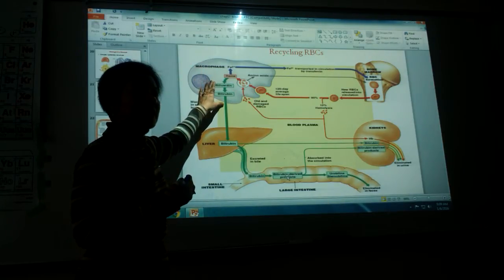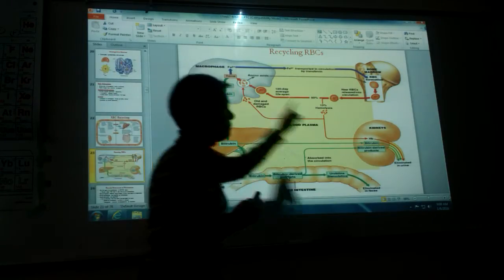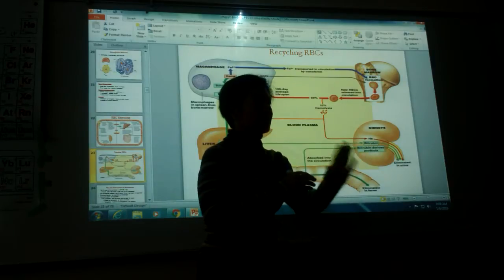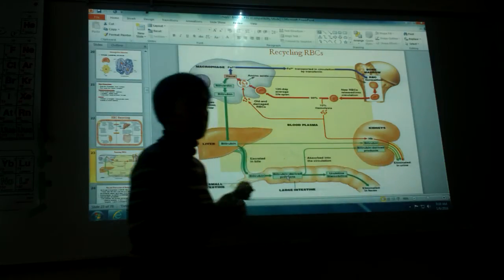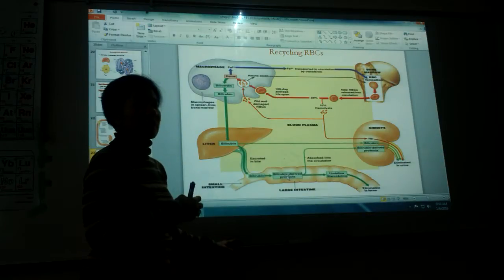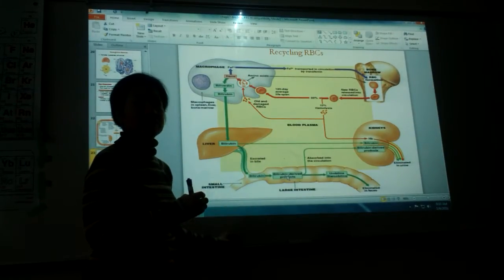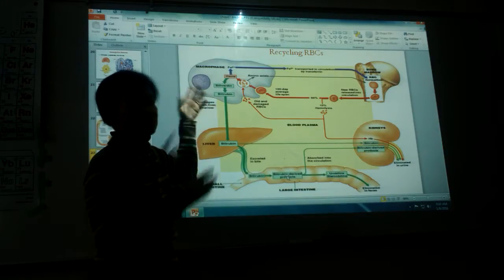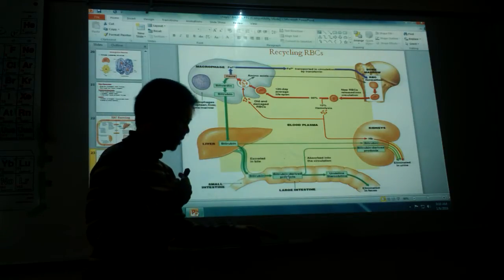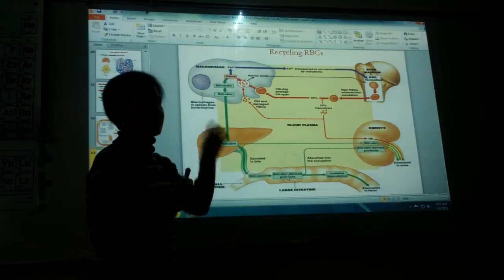What else is a good sign of liver failure? My pee is clear color. There's no yellowish color to the pee, and my poop is clay color. I don't see that nice brown color in the poop. So I know you have liver failure. Jaundice, I look at the urine, I look at the poop, liver problem.